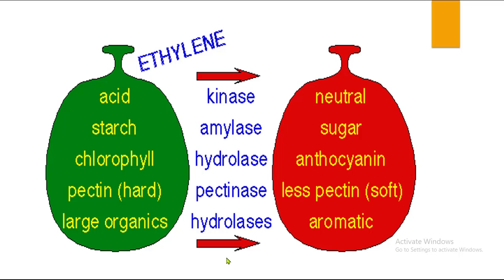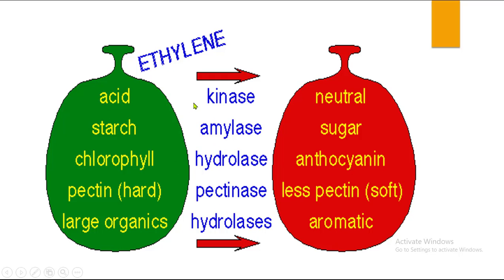Here is the summary of fruit ripening. In this picture the green fruit represents unripened fruit, and the red represents a ripened fruit. So what are the changes that take place? The major hormone responsible for fruit ripening is ethylene, and this ethylene activates certain enzymes.